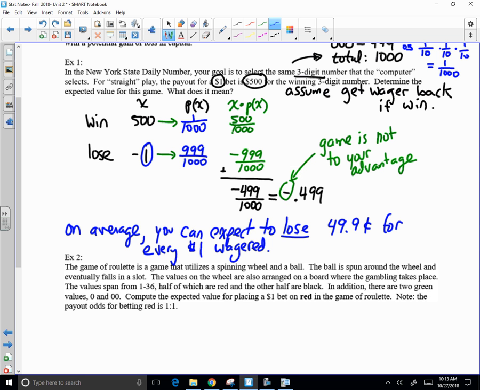The expected value for, let's say, the game of roulette is actually negative 0.027, so about 3 cents for every dollar bet. This is 50 cents for every dollar bet. You're actually better off playing roulette in the long run. The issue is roulette doesn't pay off the same way a lottery does in the short run. All I have to do is win the lottery once, depending on the kind of lottery it is, and I'm good.